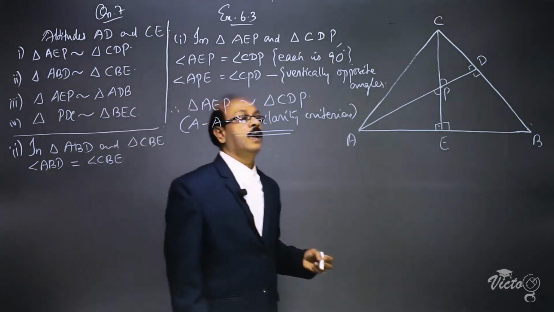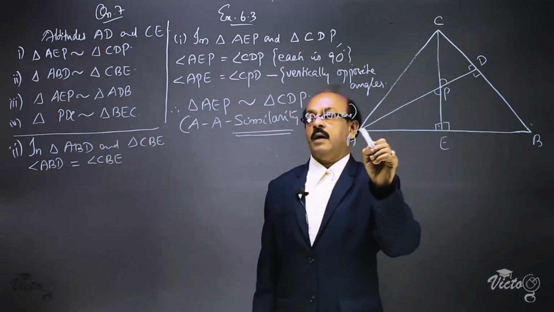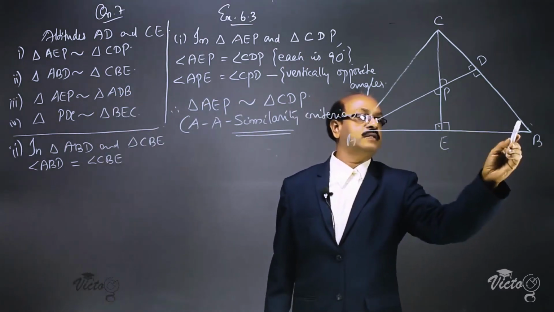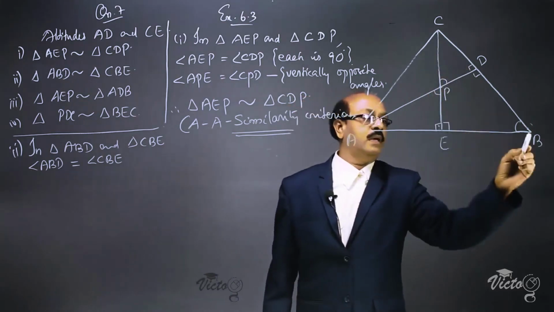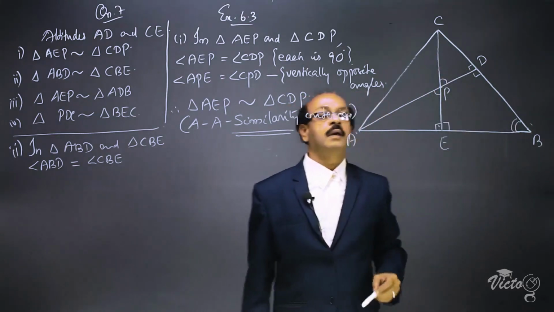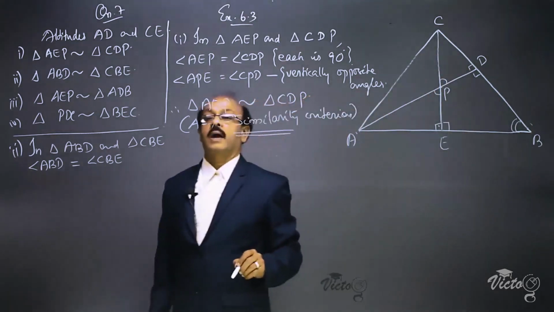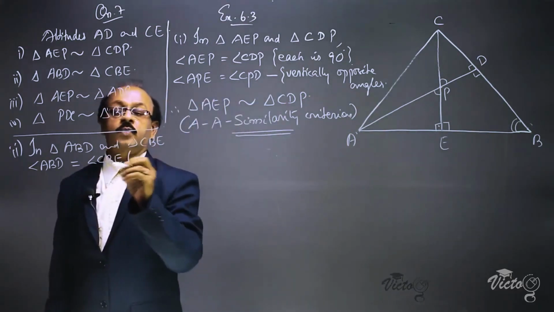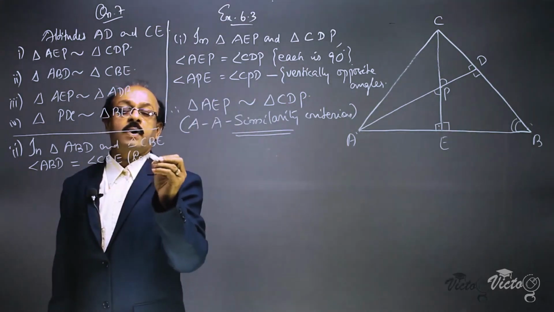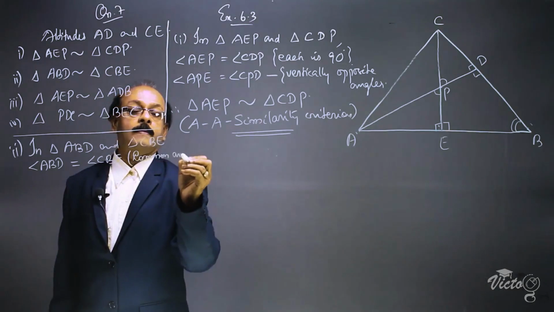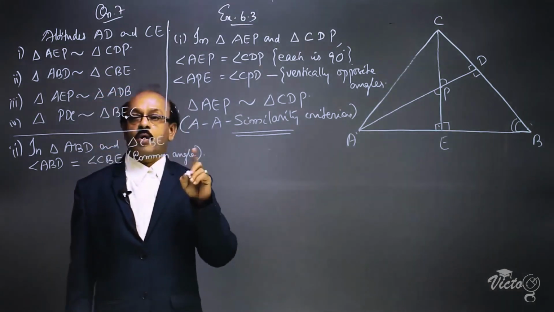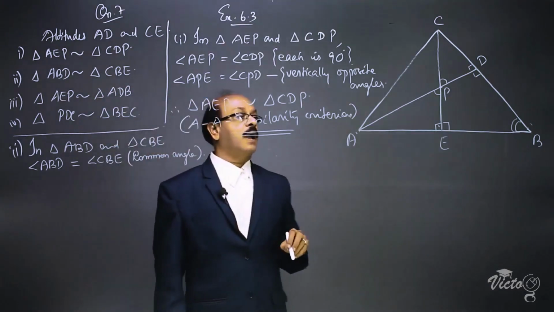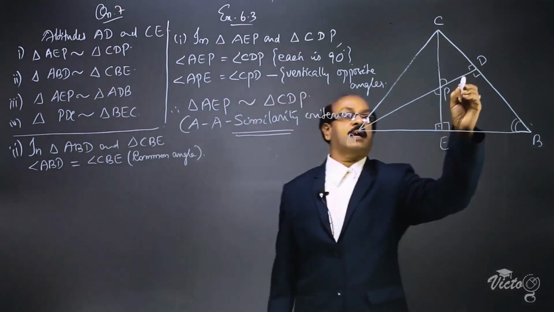Look into the figure. Angle ABD means this angle, and angle CBE is also the same angle. So the reason for this equality is common angle.